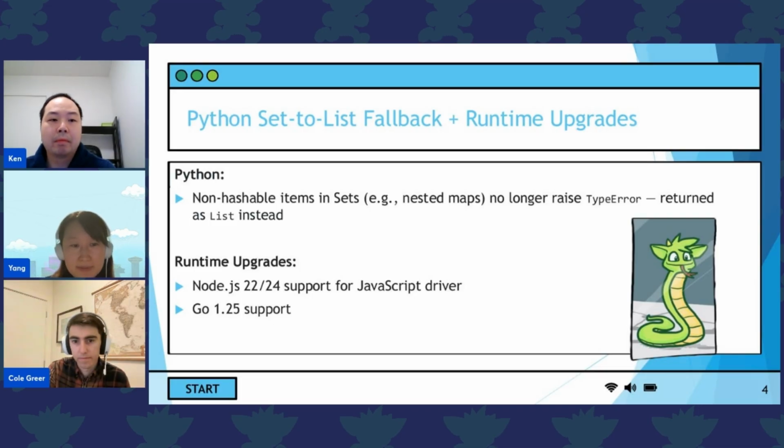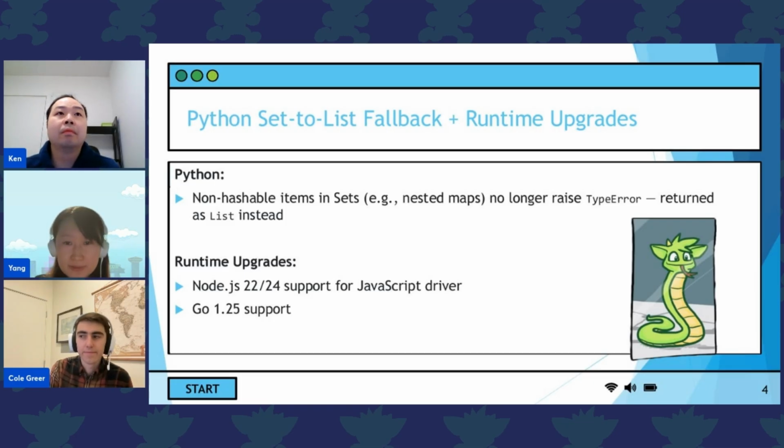So now we're returning them as lists instead, so that they no longer raise the error. That is true for both GraphBinary and GraphSON. However, if a set is needed, you would convert the list into the Python hashable item manually. So that's just to take note.